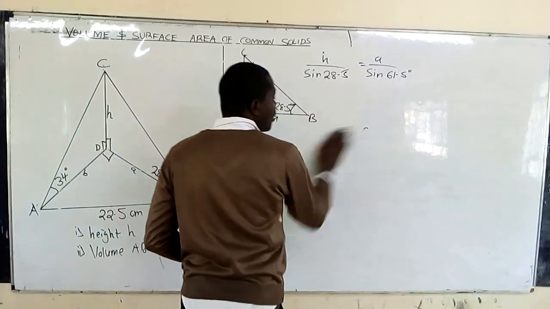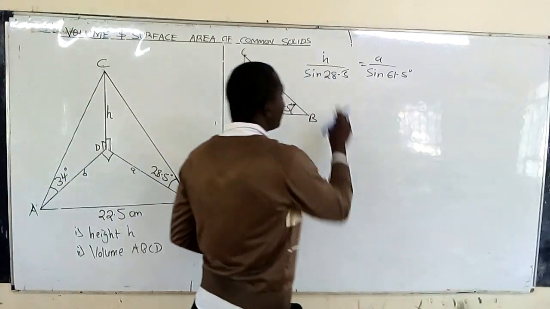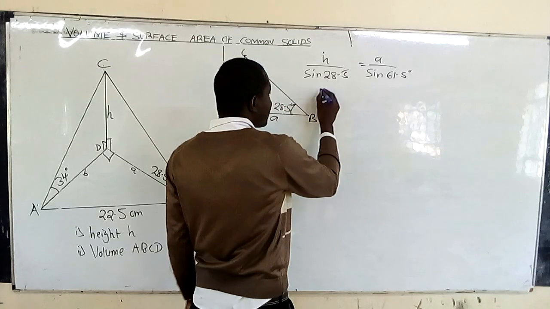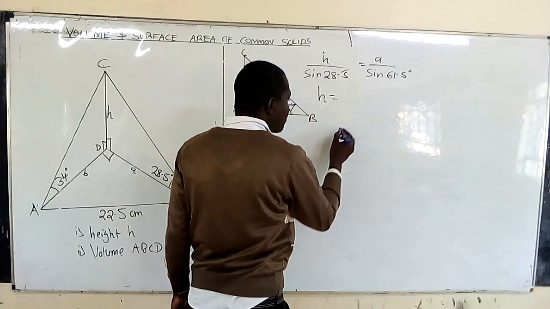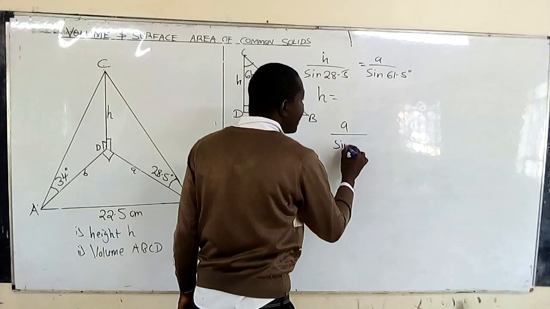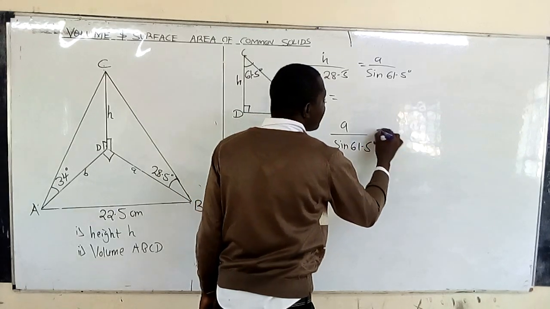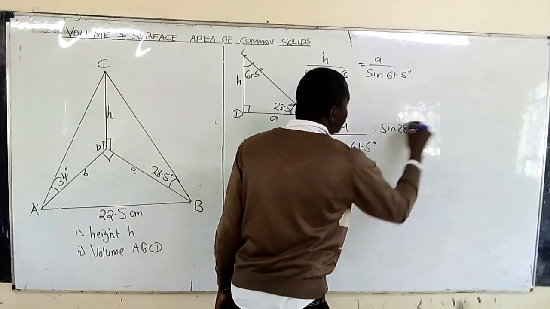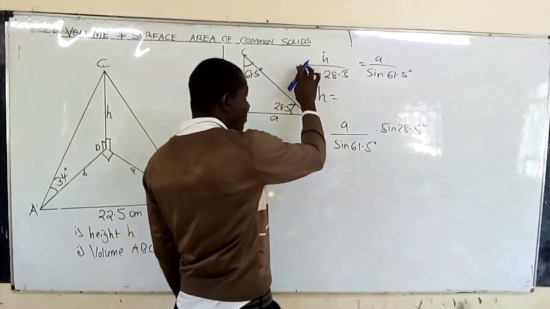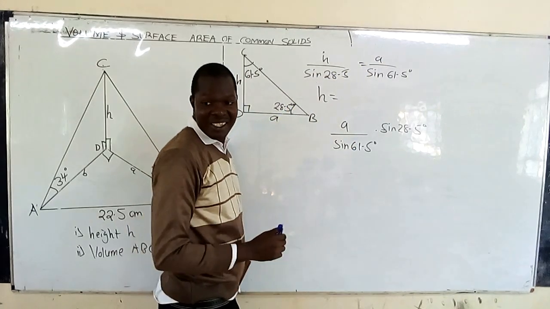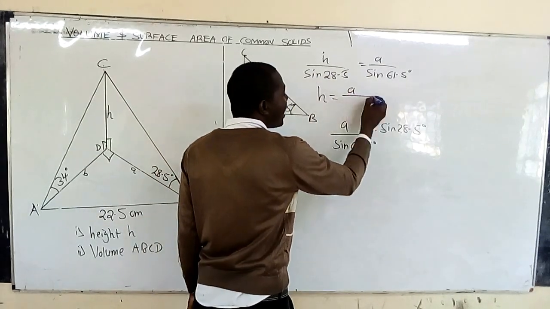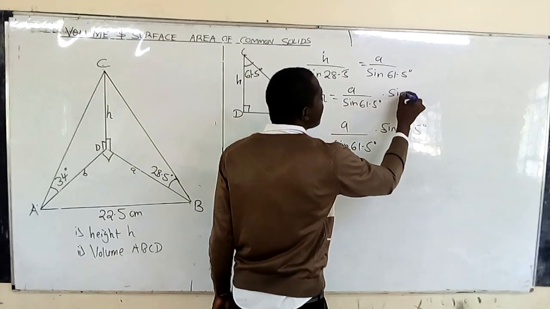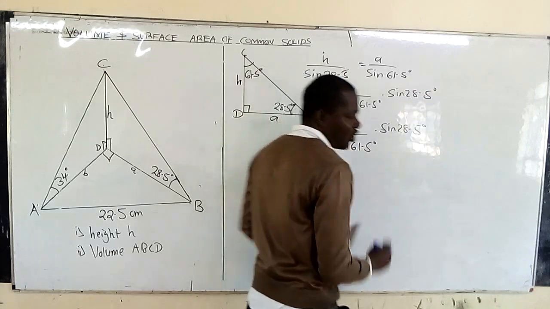So from there, what is edge? Edge is just going to be A over sine 61.5 degrees times sine 28.5 degrees, because you are multiplying both sides by sine 28.5 degrees.